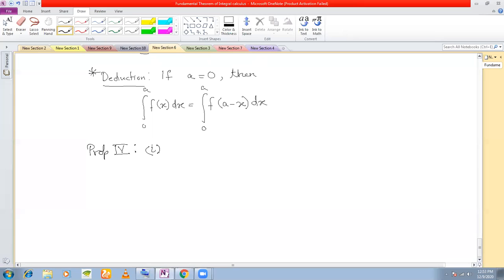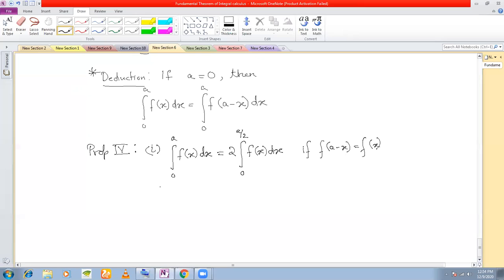It is integral 0 to a fx dx is equal to twice integral 0 to a by 2, half of the upper limit, fx dx, and this happens if f a minus x is equal to fx.